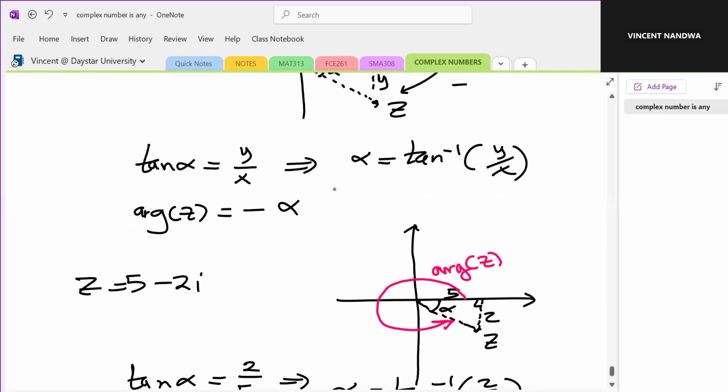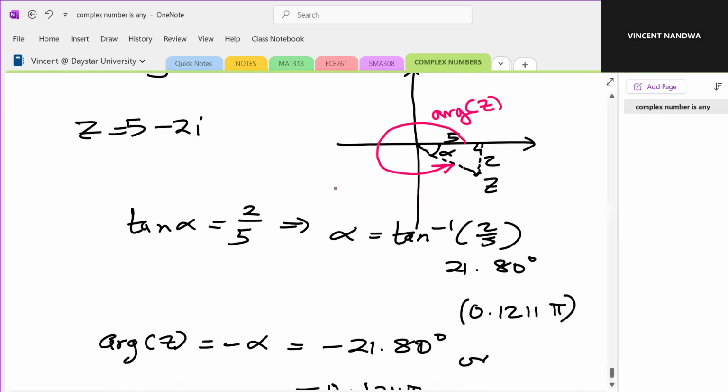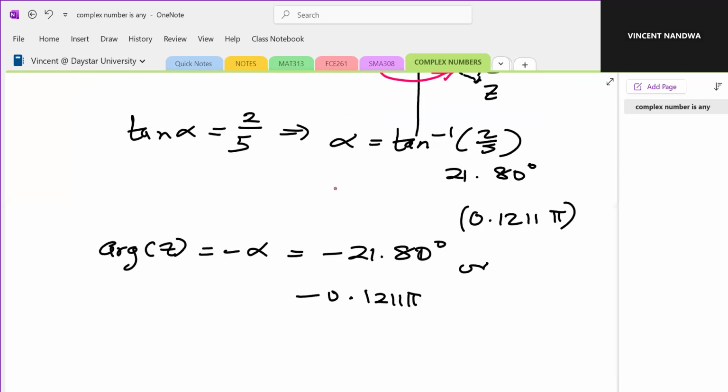So that now it will be simply 360 minus the value of alpha, because the only thing that is remaining for us to get a full 360 degrees is this value of alpha. So this will be the same thing as writing 360 degrees minus 21.80 degrees. And 360 minus 21.80 will give us 338.20 degrees.